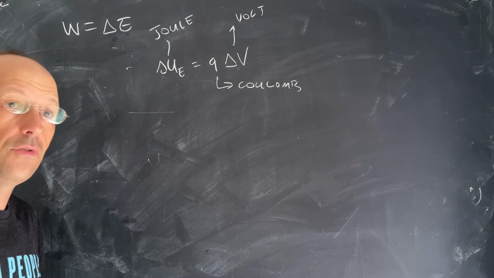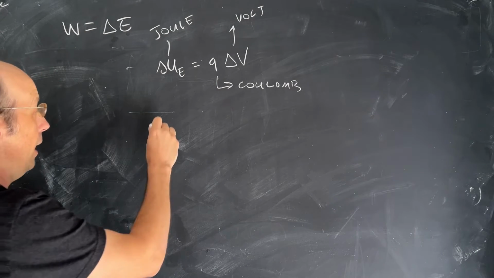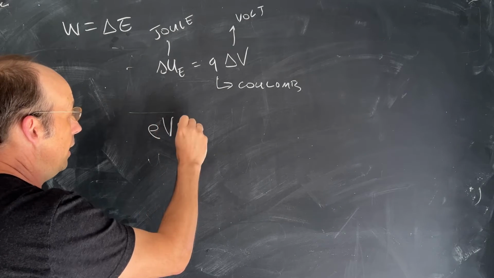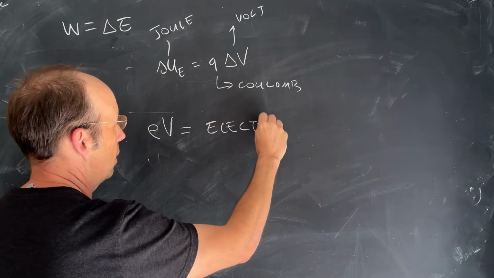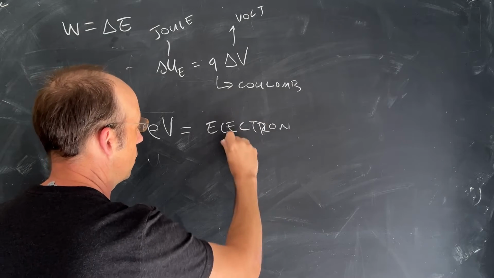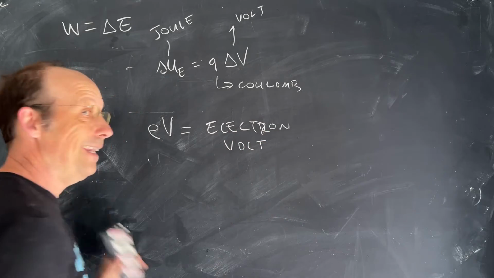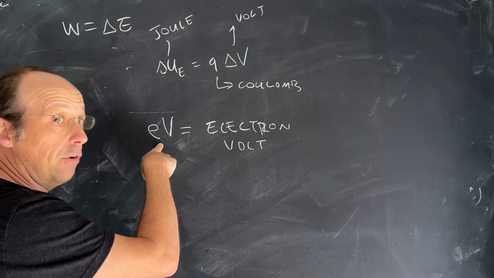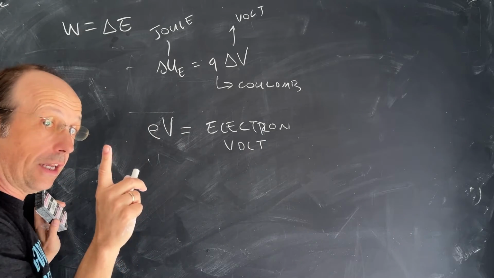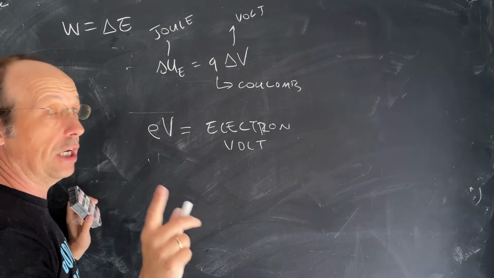We have another unit that's very, very interesting, and it looks like this, eV, and it stands for electron volt. It says volt, but it's a unit of energy. This is the amount of energy that one electron gets by going through a 1 volt change in potential.